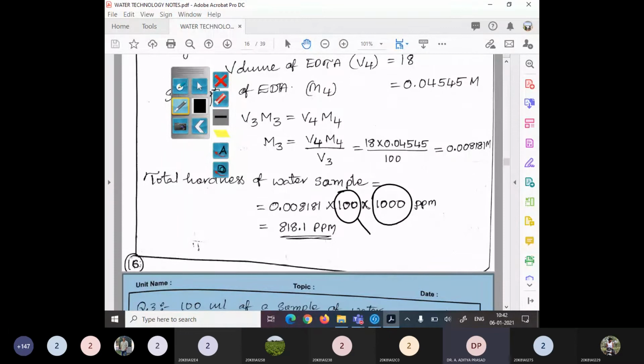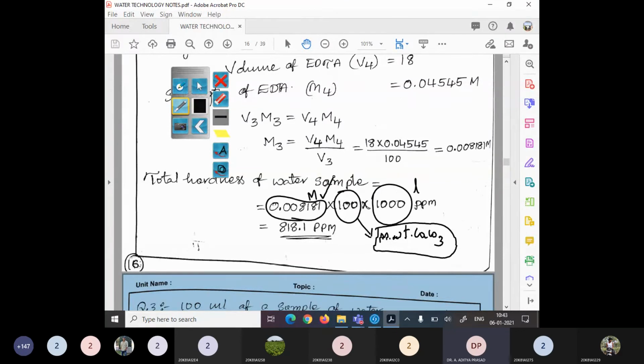What is this 100? Molecular weight of calcium carbonate. Why we need to multiply that with the molecular weight of calcium carbonate? Because 0.0081 is in the form of molarity, right?